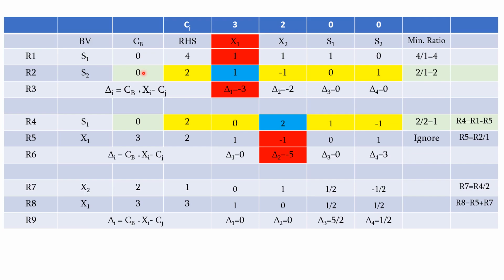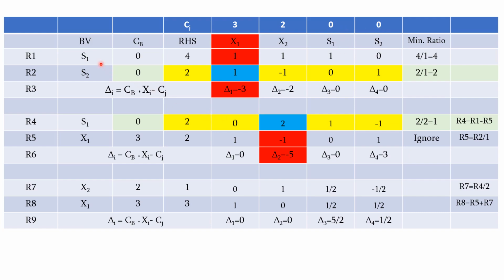Then RHS is the right-hand side of the constraints. First constraint RHS is 4, second constraint RHS is 2. This CJ row is the coefficient of these variables in the objective function: x1 is 3, x2 is 2, and s1 and s2 are 0.